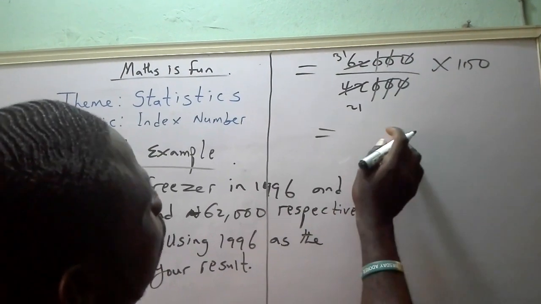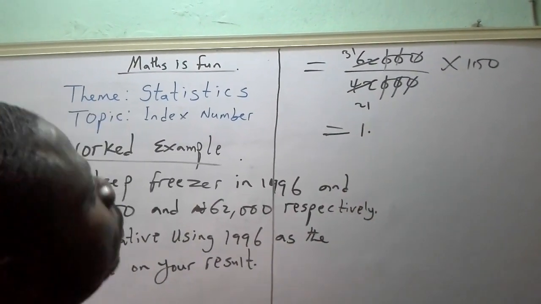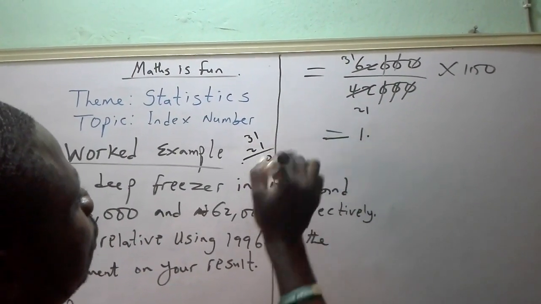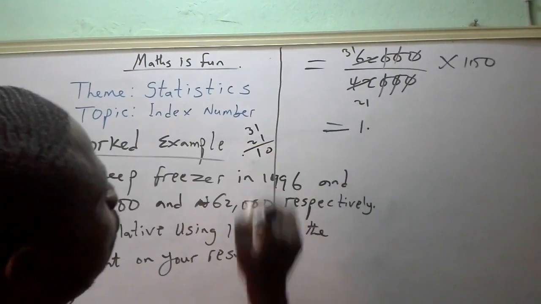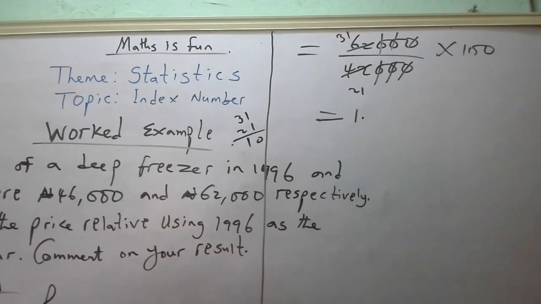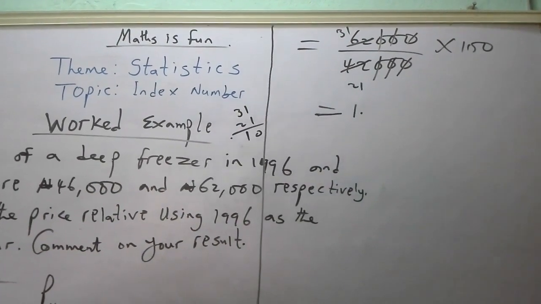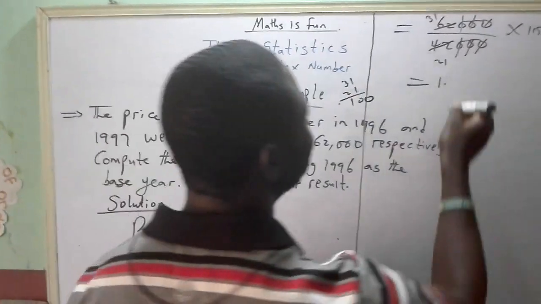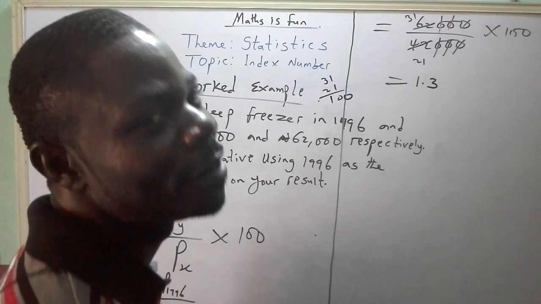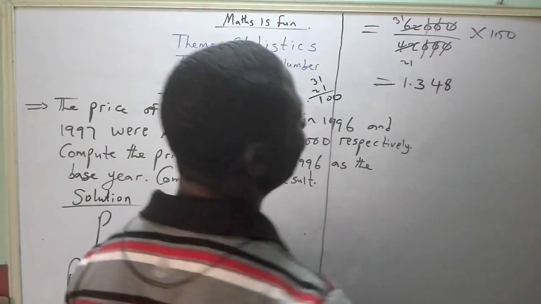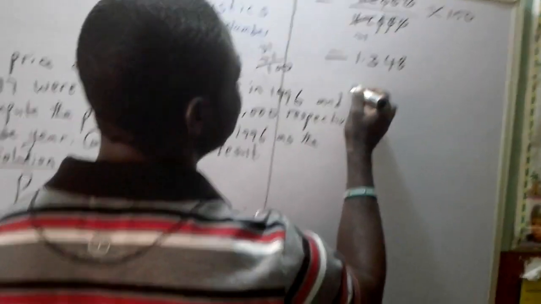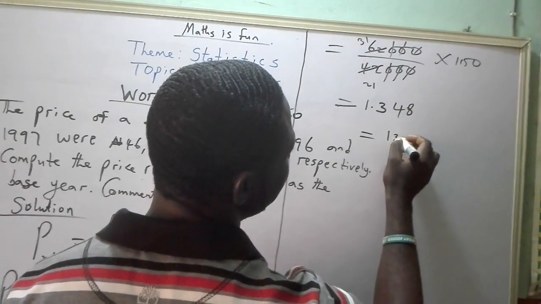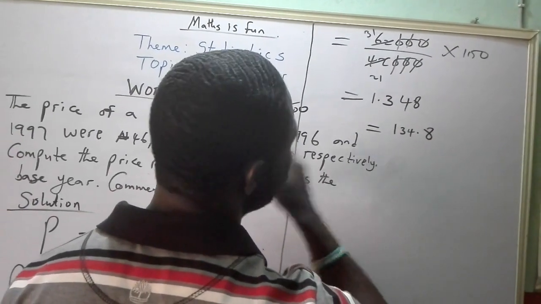How many times can you find in the number, and subtract, remainder. So remember, you have to leave it in percentage. So it will be 134.8%.